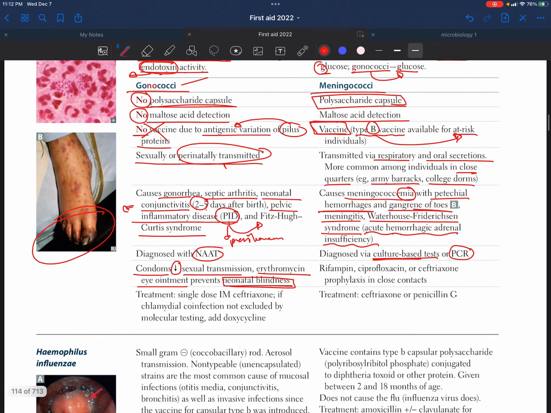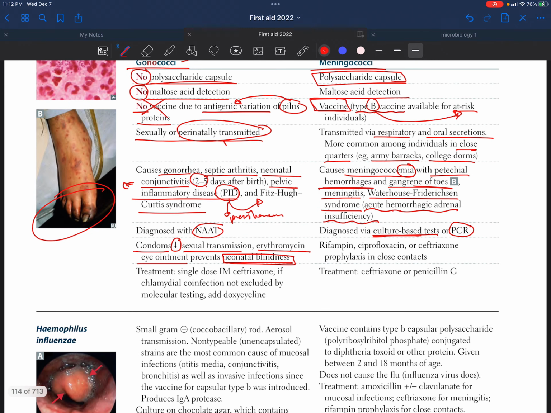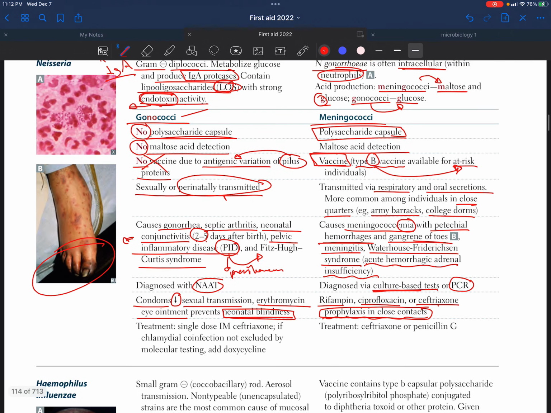While for the meningococci, the treatment is rifampicin, ciprofloxacin, or ceftriaxone. And of course, we need prophylaxis for patients who are in close contact, because it's aerosol transmission.